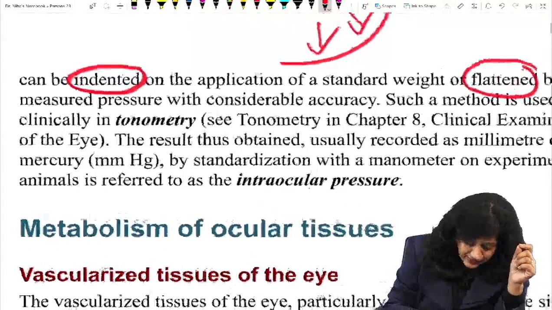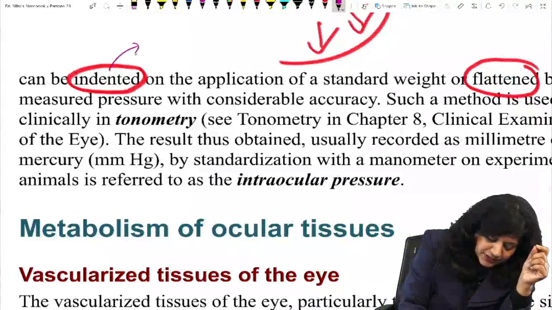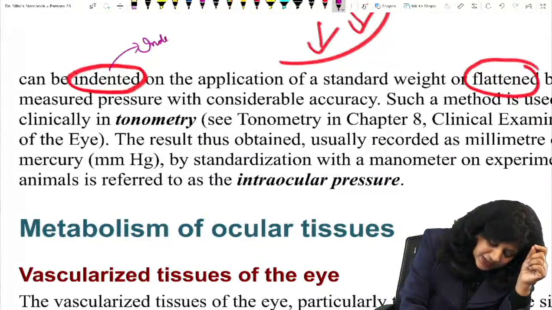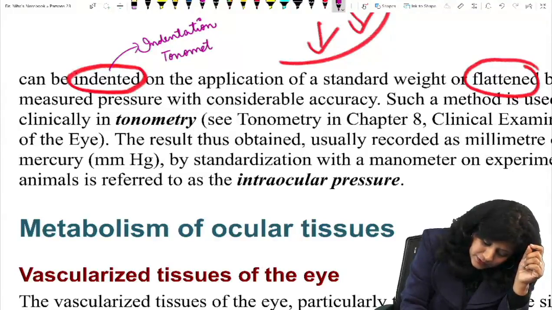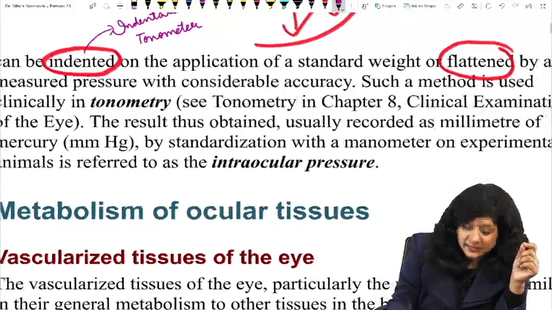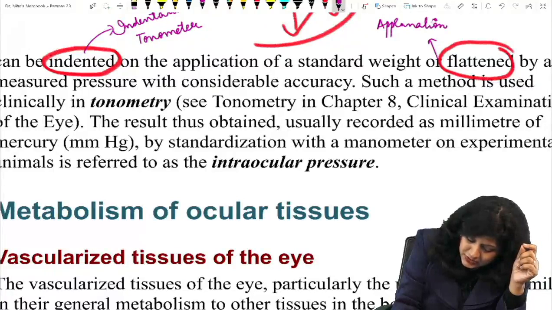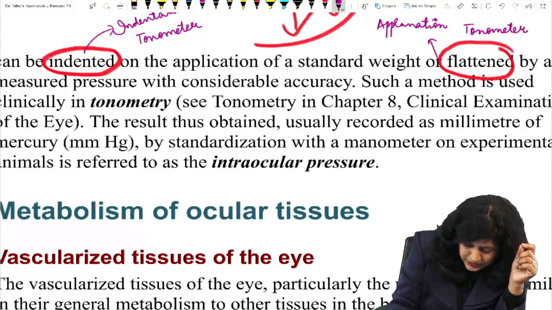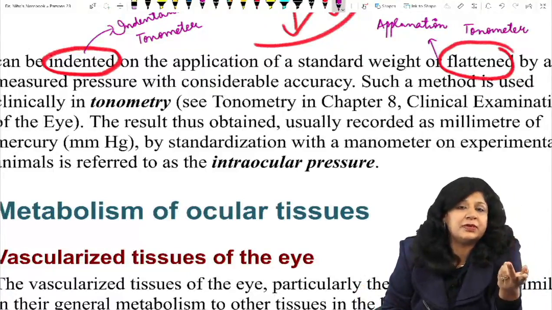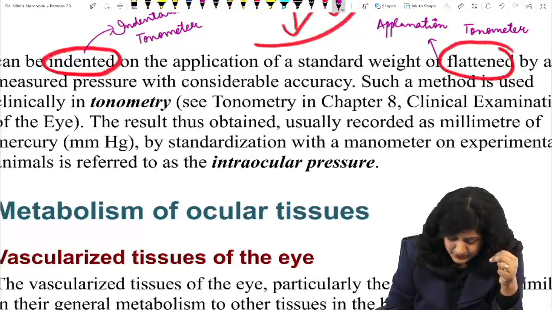So indented, this we are using for the indentation tonometer, while the flattening, this we are using for the applanation tonometer. So we are using these different principles in the two separate tonometers.